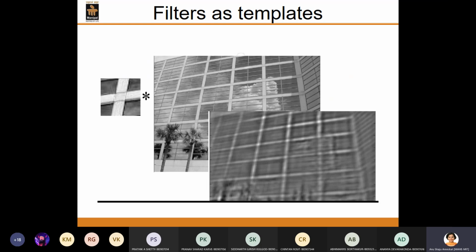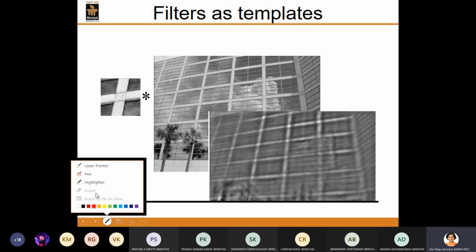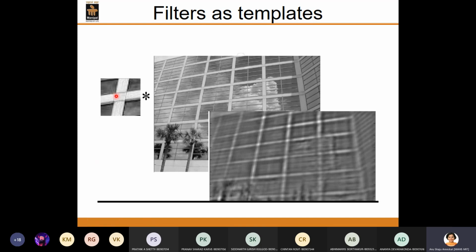We had also gone through filters used for template matching. Here what you see is a template, let's say, and you have an image. When you convolve this template with the image, you may get an image which looks like this.